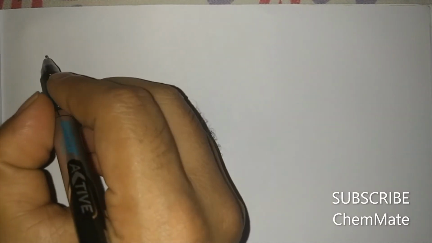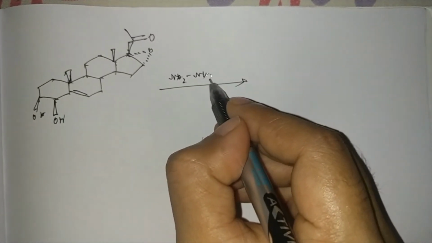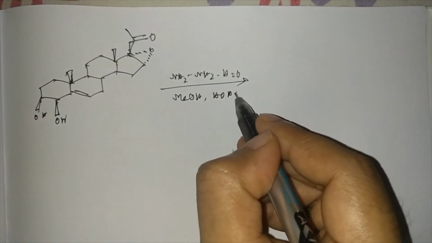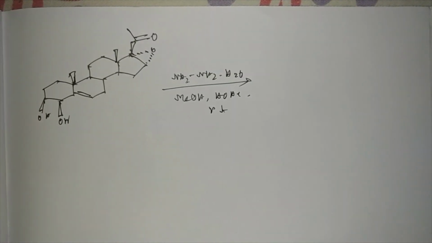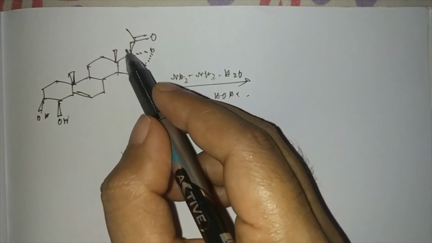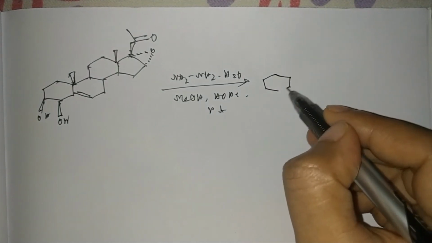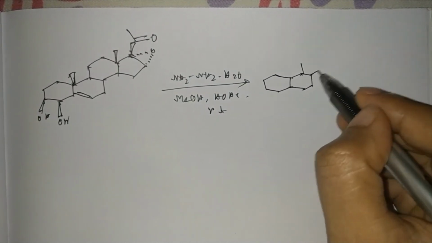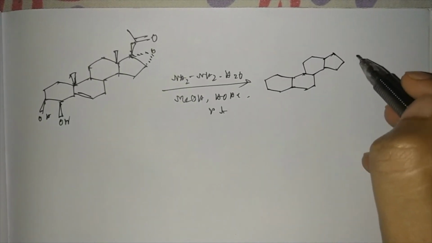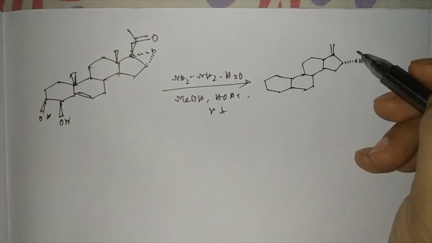Another interesting example, if it is treated with NH2NH2, H2O, MeOH, HOAc, room temperature, then here what will happen: the OH group will be below the plane and the double bond will be here and one methyl group is here. So the product is: OH will be below the plane and here is the double bond.